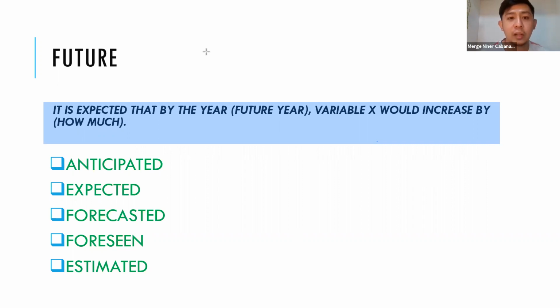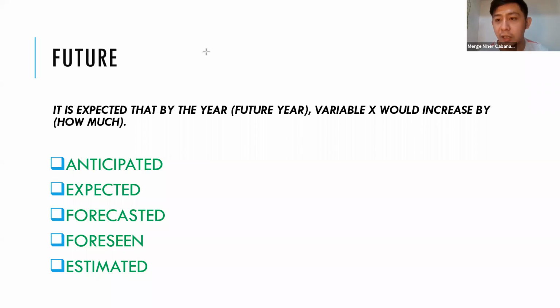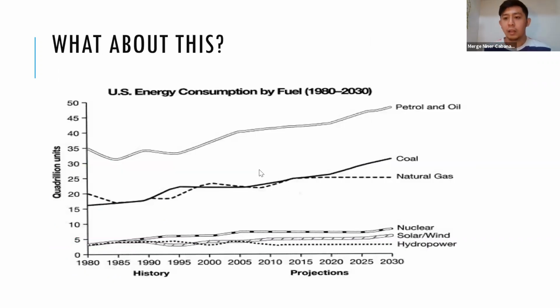It is expected that by the year, okay, take a look. Let me use my red color here. It is expected that by the year 2025, these three ones, coal, natural gas, and petrol oil would increase.